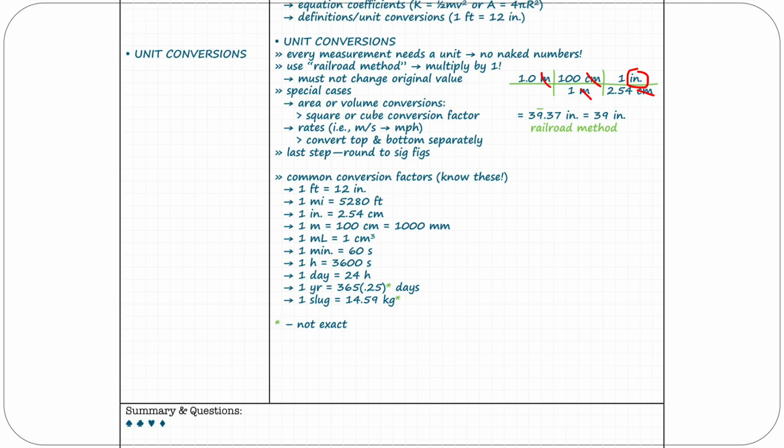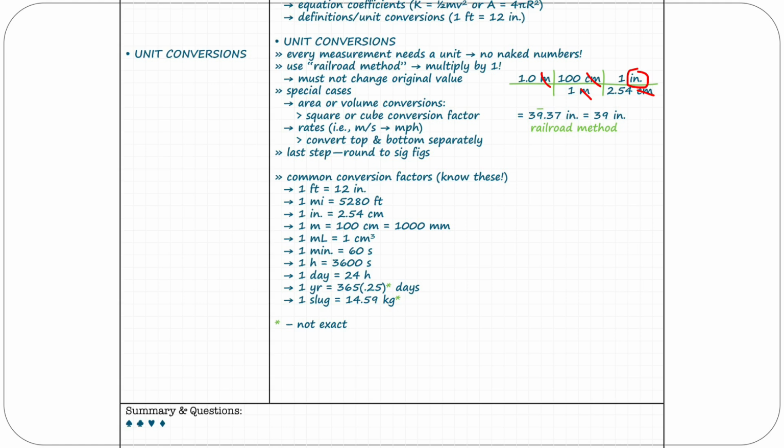A few special cases are for area or volume conversions. If you are talking about square meters or square inches or square centimeters, you simply square the conversion factor. If you're talking about cubic feet, you would cube the conversion factor. We also deal with rates. A rate is oftentimes a velocity.